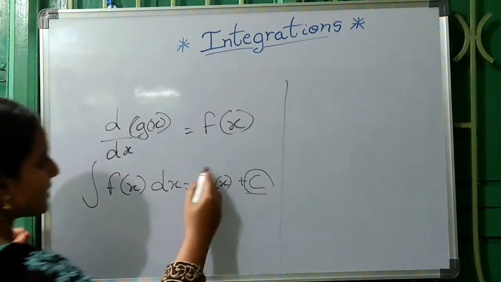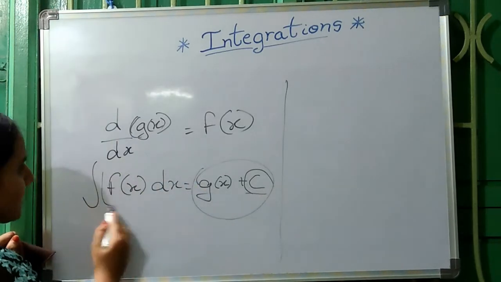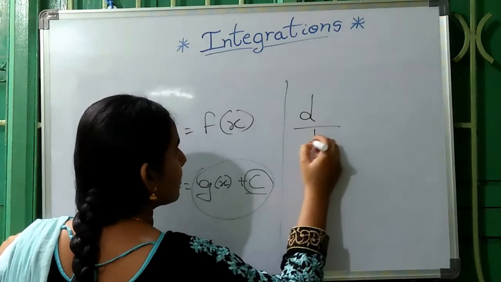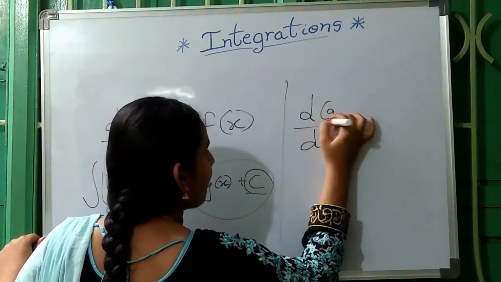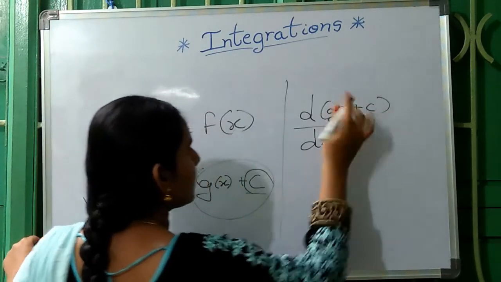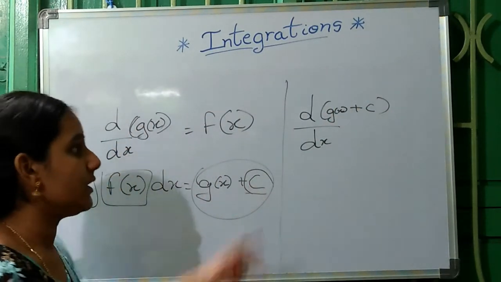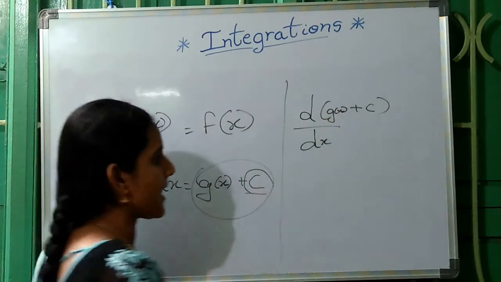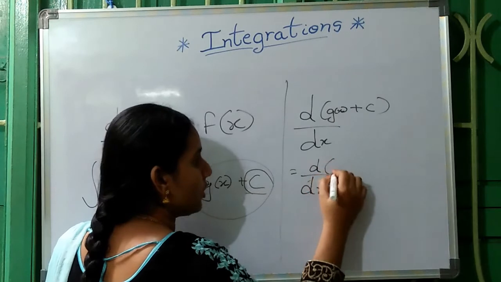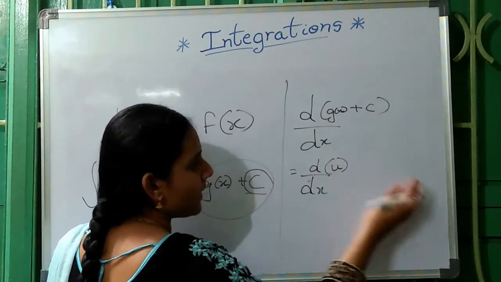Now let us differentiate this one. Let us check whether we will get this answer or not. d by dx of g of x plus c, by the formula d by dx of u plus v, we get d by dx of u plus d by dx of v.